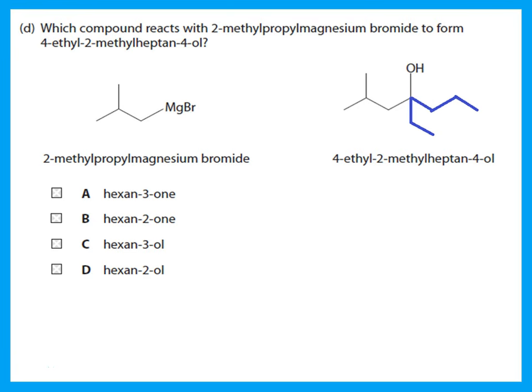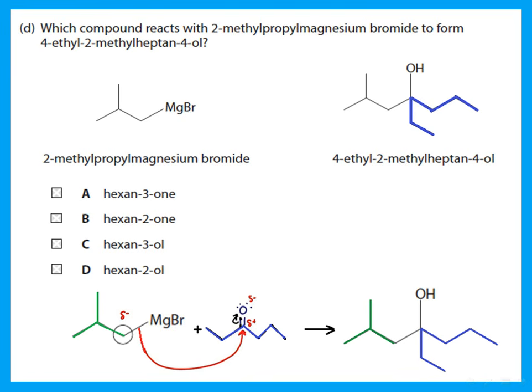It's as if I am removing the magnesium bromide and putting that chain instead of it. So what do I react it with? I have to react it with this ketone in order to get that part added. So that ketone is hexan-3-one.